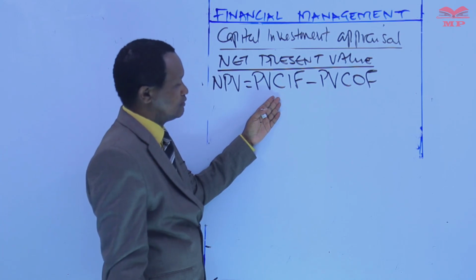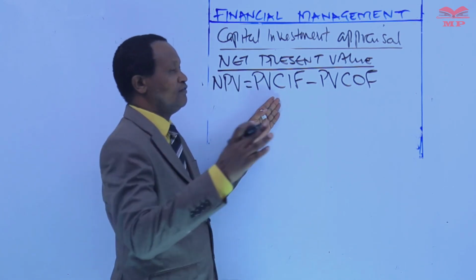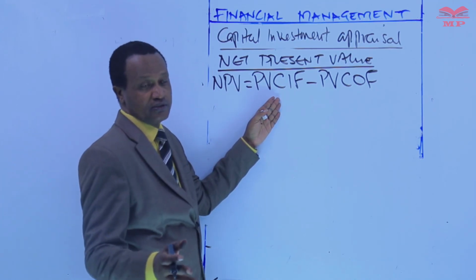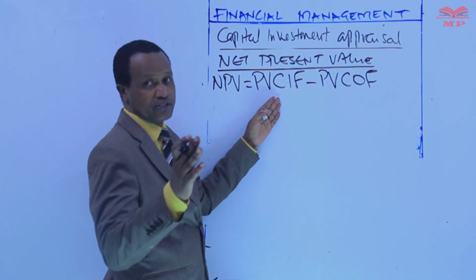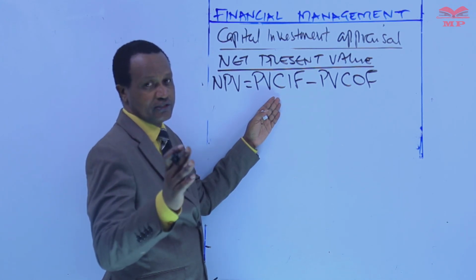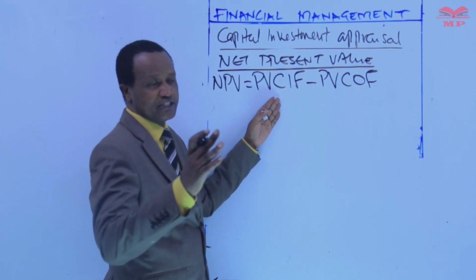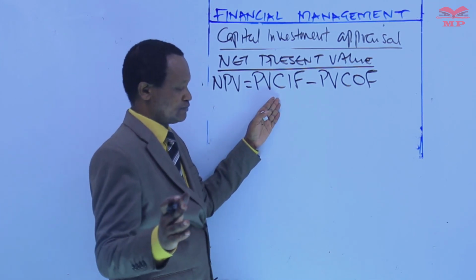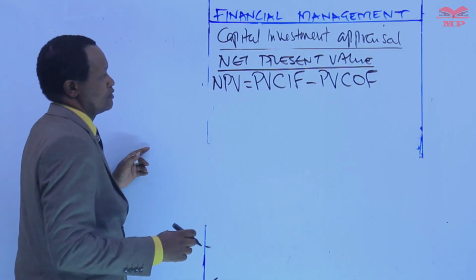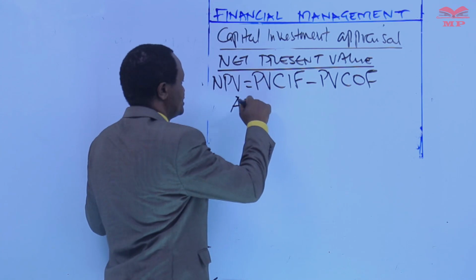You understand? So if a company is evaluating various projects, the company should accept an investment, a venture, if NPV is positive. Let me call it the acceptance rule.